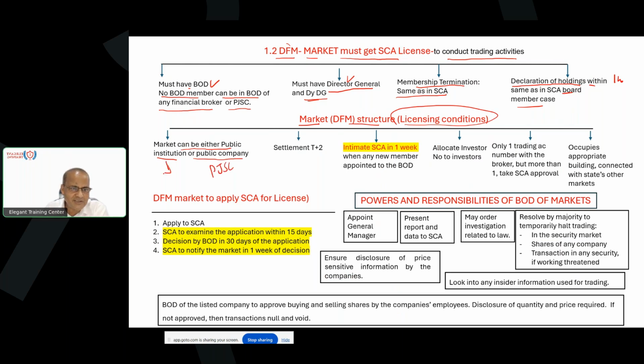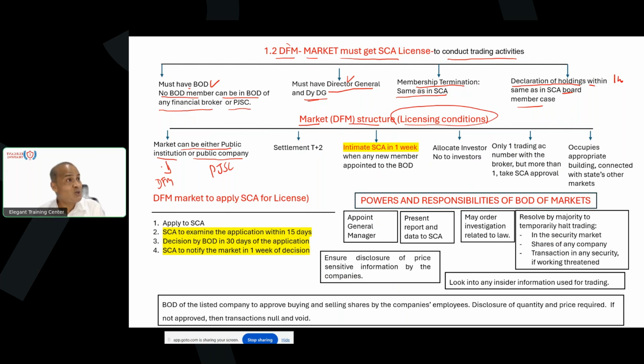Now you can see, let's say DFM. Before 15 years, DFM was a public institution, meaning it was owned by the government. When I say public institution, it means not by the public, it's a government entity.